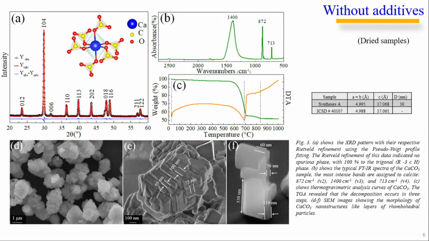The results for the samples without additive show the XRD pattern with its respective Rietveld refinement using the pseudo-Voigt function. The Rietveld refinement of this data indicates no spurious phase, 100% calcite phase. The FTIR spectra show the typical spectra of the calcium carbonate sample.